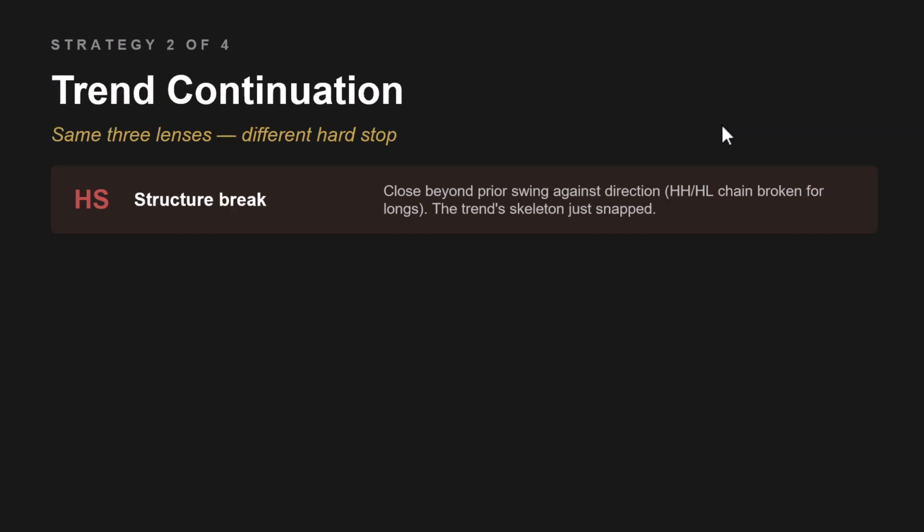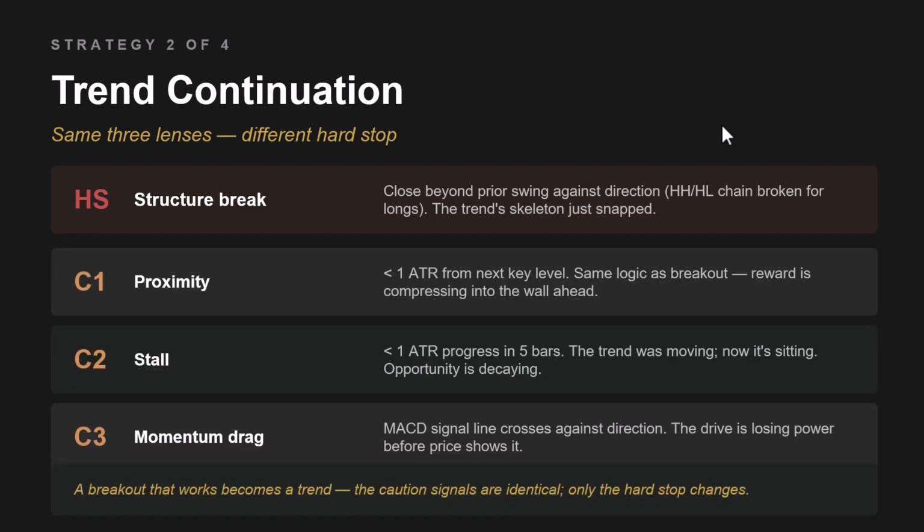So this is a close beyond a previous swing high, so the higher high. So the higher high or higher low chain has been broken for longs and vice versa for shorts. The trend skeleton has just snapped. We're rocking and rolling in the wrong direction now, and we've actually moved beneath our previous swing high that we thought a move above it would carry us on to riches.